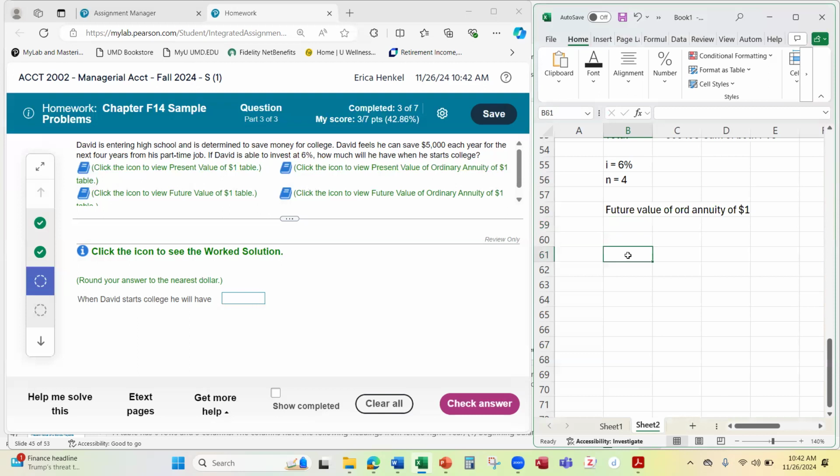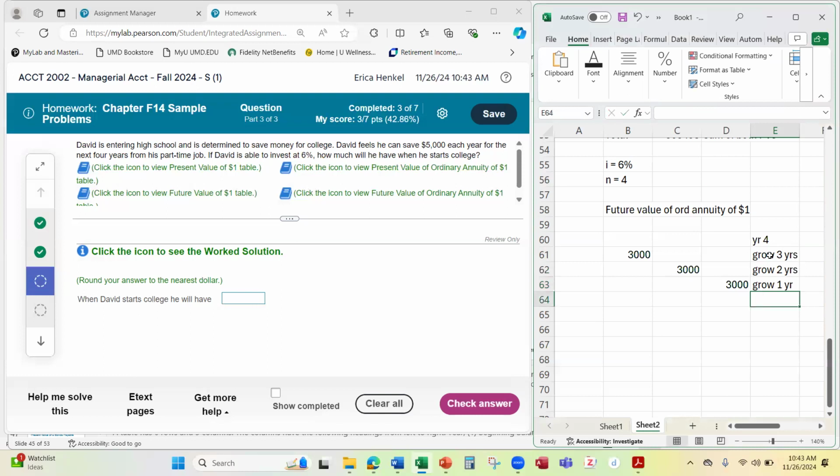So if we have payments that are made for, say, 3 years, and we want to know what it's worth in year 4, this one is going to be growing for 1, 2, 3 years. This one's going to grow 2 years, and this one is only going to grow for 1 year.